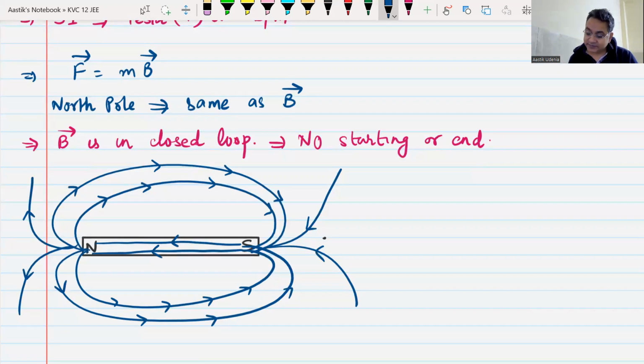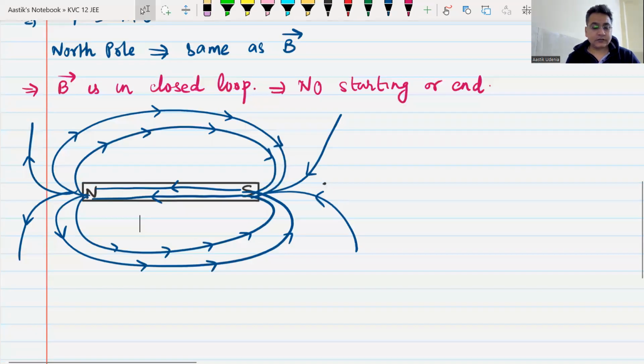So this is how the magnetic field lines of a magnet are. Magnetic field lines are always in closed loops. They don't have a starting point, they don't have an end point, they're always in loops.